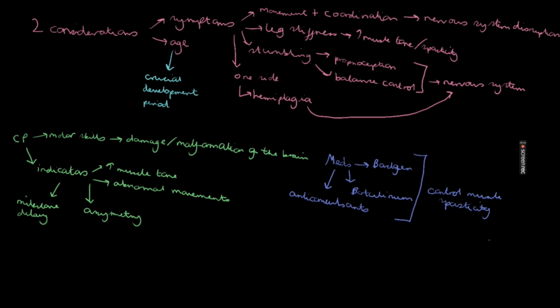And this is the case because this is a really crucial development period, and if there are any delays or abnormalities in reaching motor milestones in this age range, that can be a really strong indicator of cerebral palsy. So with these neurological symptoms paired with the age, we are leaning more towards a possible diagnosis of cerebral palsy.